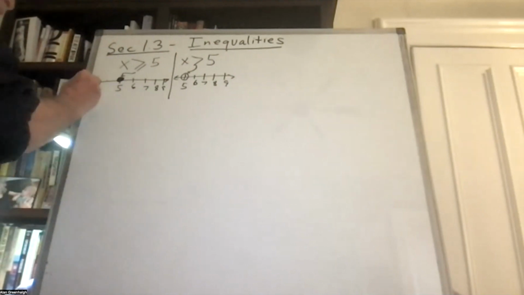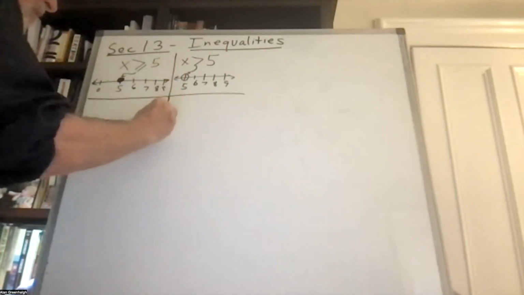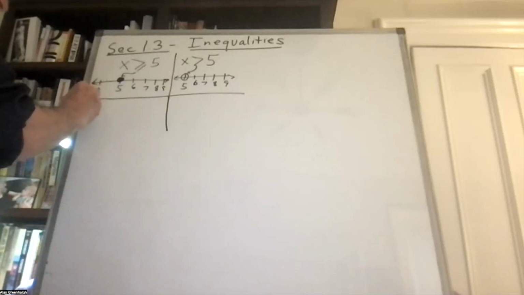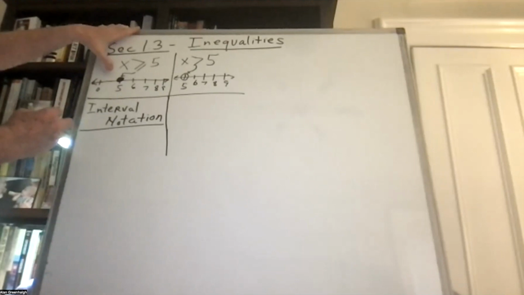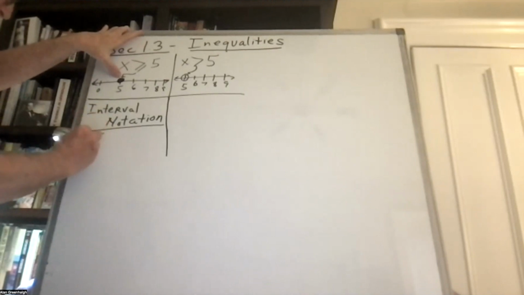And there's a third way we're going to represent the values of a number in an inequality. And that method is called interval notation. Interval notation means that because this is a shaded in circle here, we use brackets.